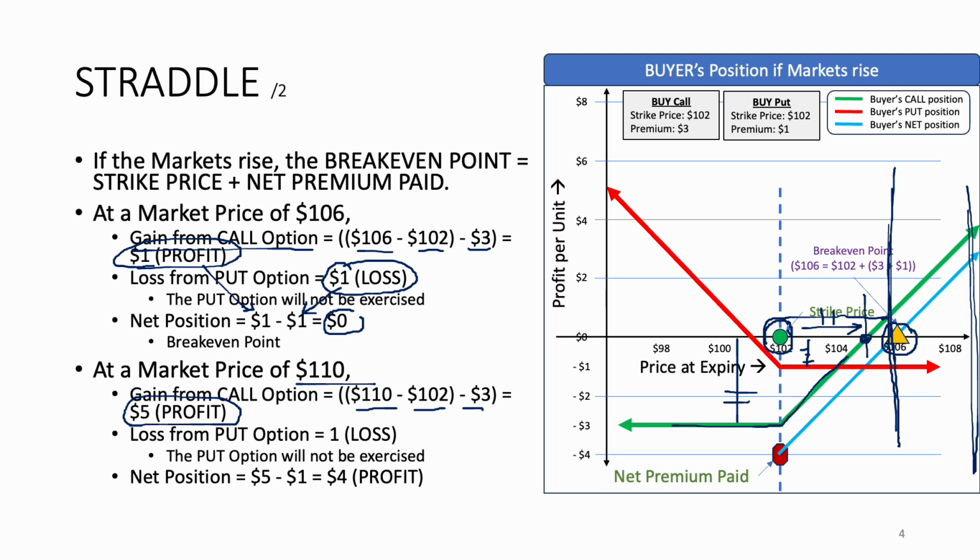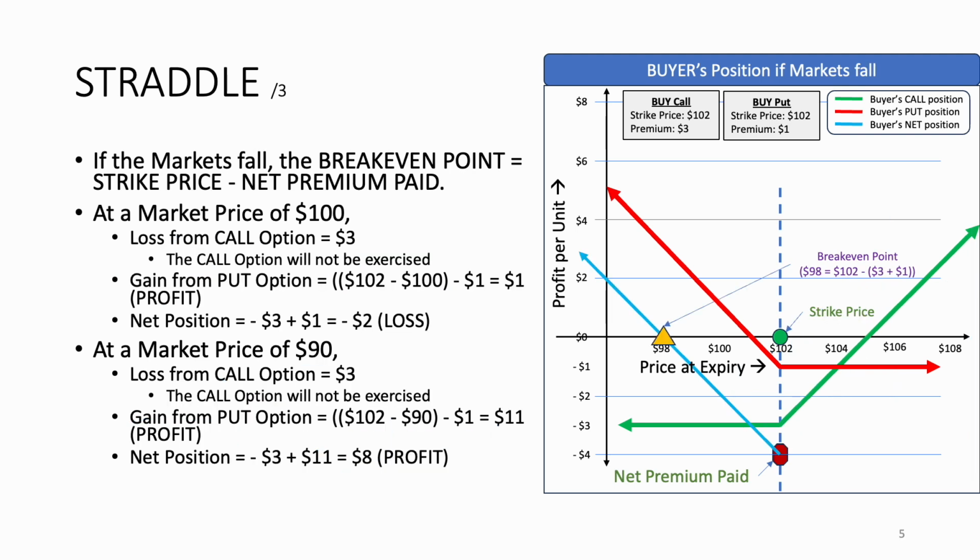So the premium of $1 will be lost. And so the net position is that $5 profit minus $1 loss, which is a $4 profit. So you see that profits are possible in a straddle. However, the market has to move sufficiently so that it covers the premium which is paid in total for the two options purchased.